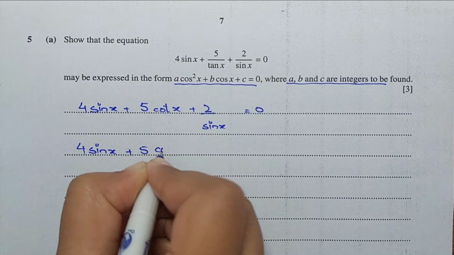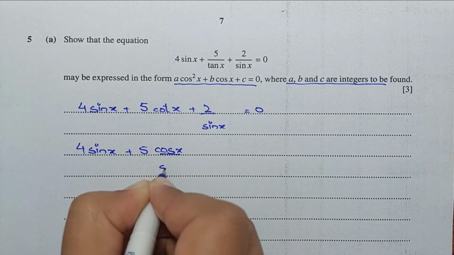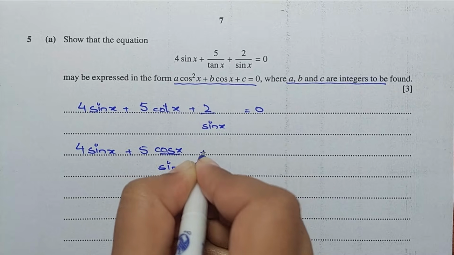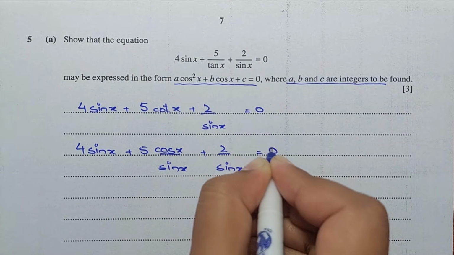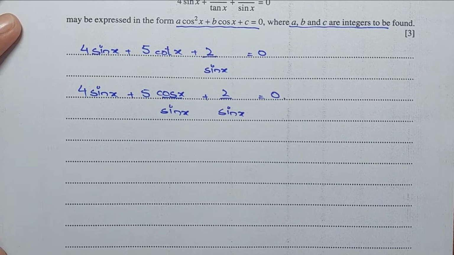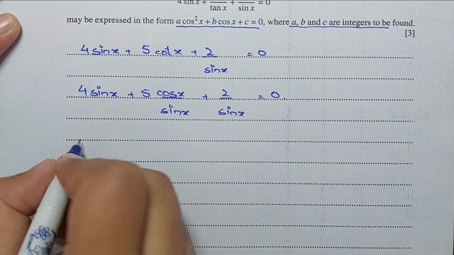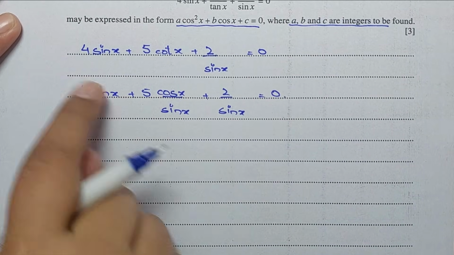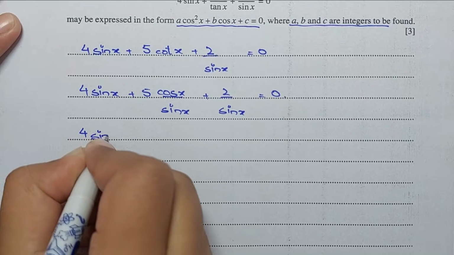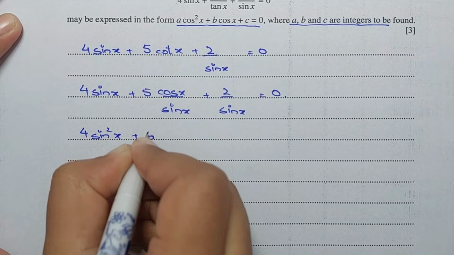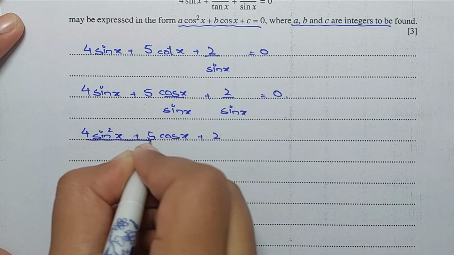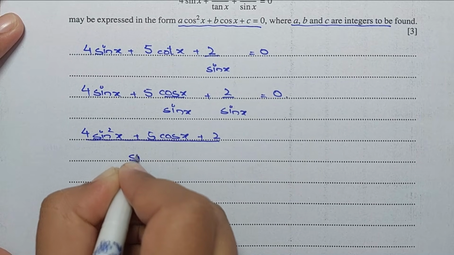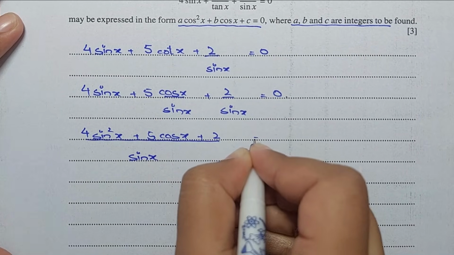So 5 cos x over sine x plus 2 over sine x equals 0. Okay, now simplify. So 4 sine x is multiplying sine squared x plus 5 cos x plus 2, divided by sine x, would be equal to 0.